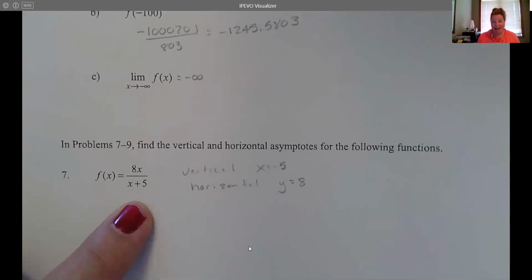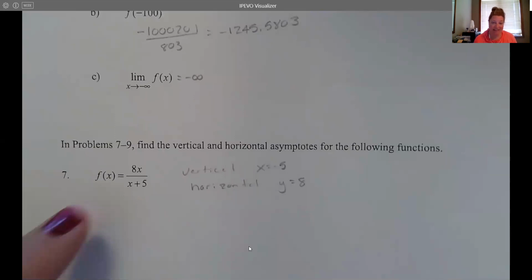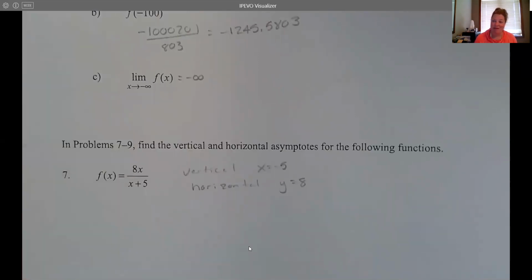And the horizontal asymptote on this would be y equals 8, because it's 8 over 1. Set it to 8 over 1 because it's the same exponent, the same x and x. I'm making it harder than it is by looking at it weird.